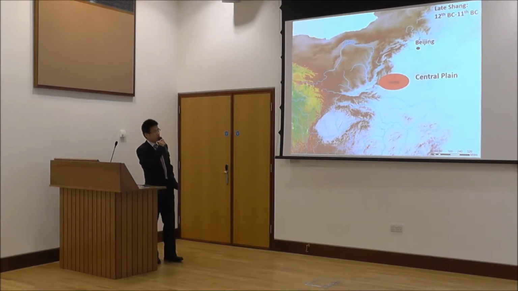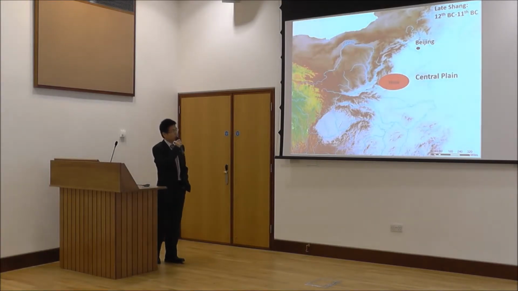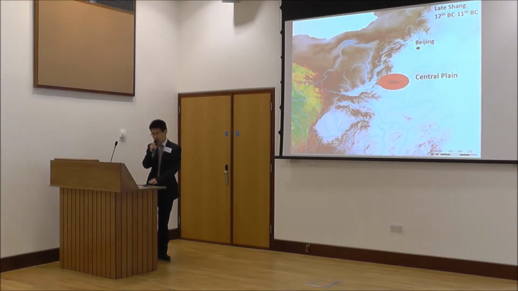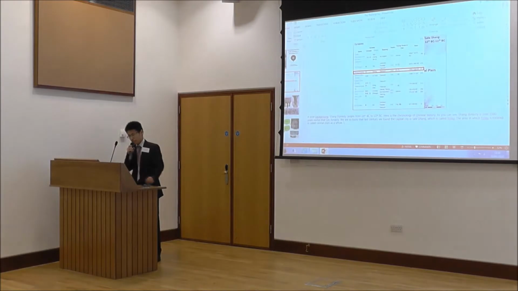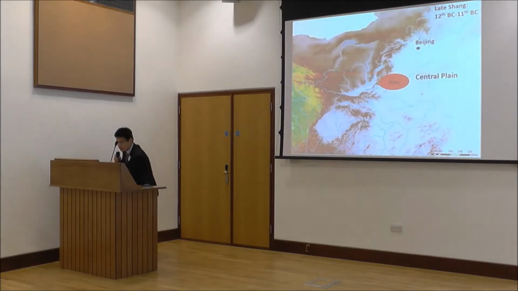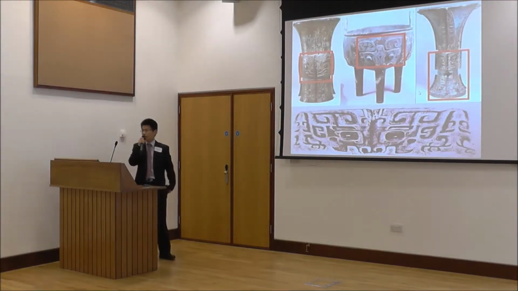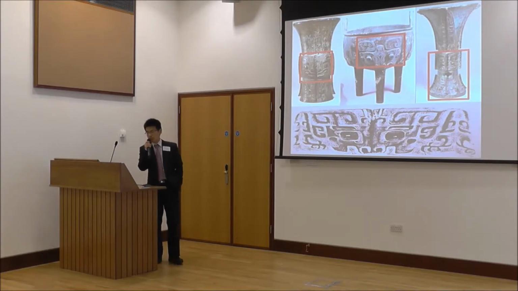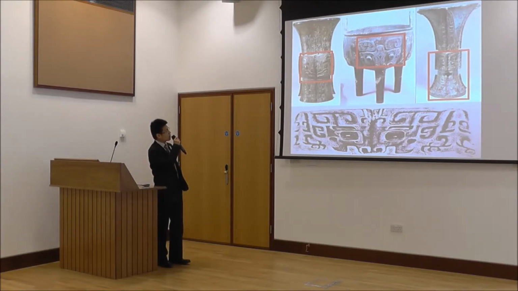The broader area is called Central Plain, and in Central Plain area, we uncovered thousands of metal alloys from the red square.